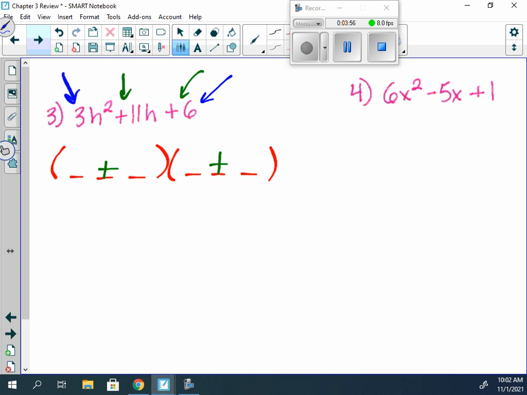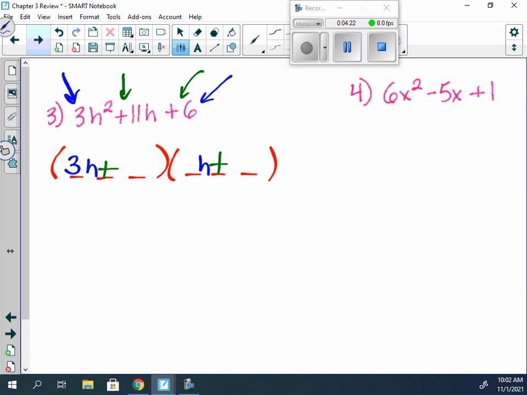And once we get it set up like this here, we look at the factors of the first and third term. So we're looking at 3h squared and 6. Well, the factors of h squared are still going to be h and h. Whatever the variable is, we're going to have it in the first spot if it is in the first place. Since 3h squared was first, h and h would go in the first spots. Now, what are the factors of 3? 1 and 3, so we can just put 3h and h.